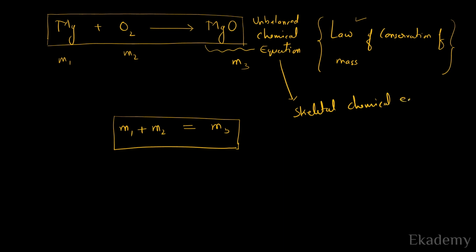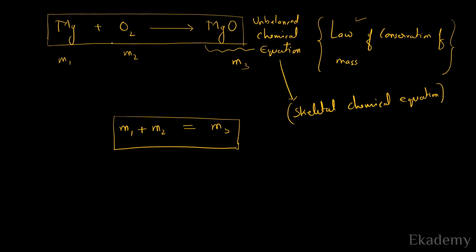Now, a skeletal chemical equation is just a representation of a chemical reaction. That means this chemical equation provides the initial information that these two substances are reacting and this substance is formed. In this reaction, magnesium and oxygen are reacting and combining to form magnesium oxide.